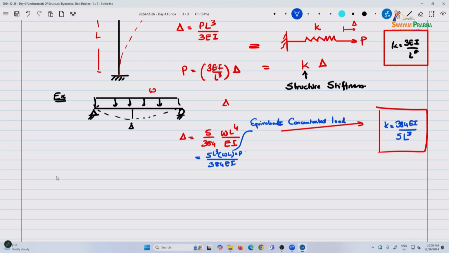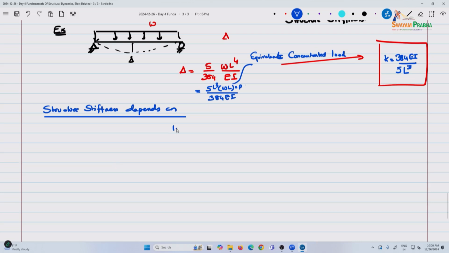So what do we understand from here? The structure stiffness depends on, and you can name some, there's a laundry list of different things a structural stiffness is dependent on. One, the boundary conditions.